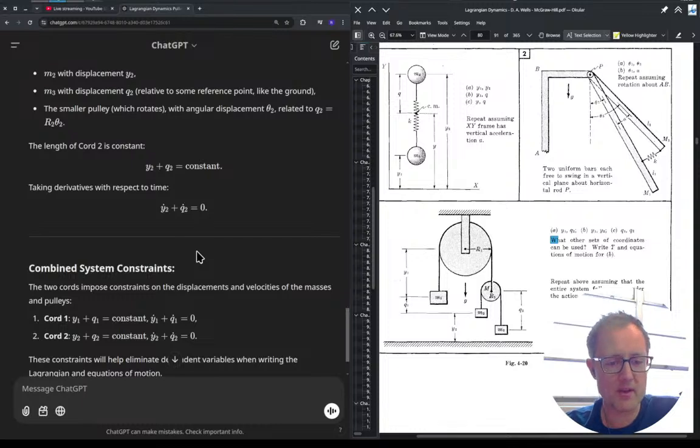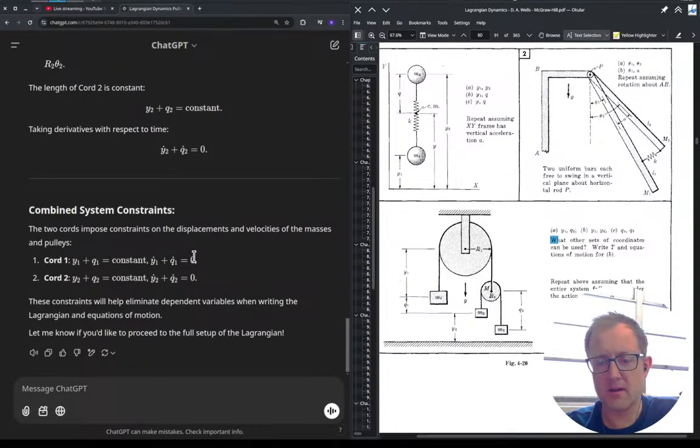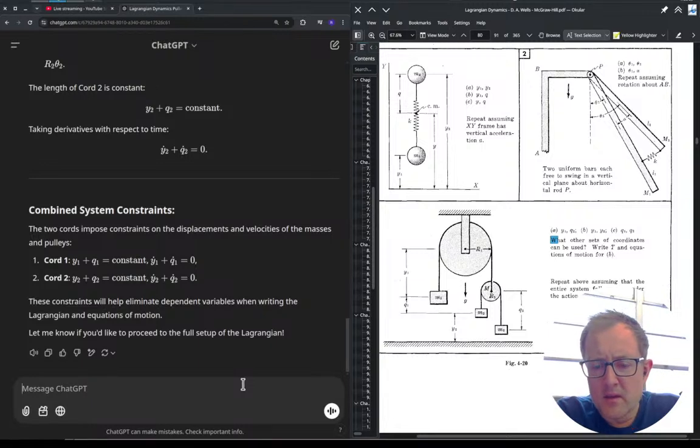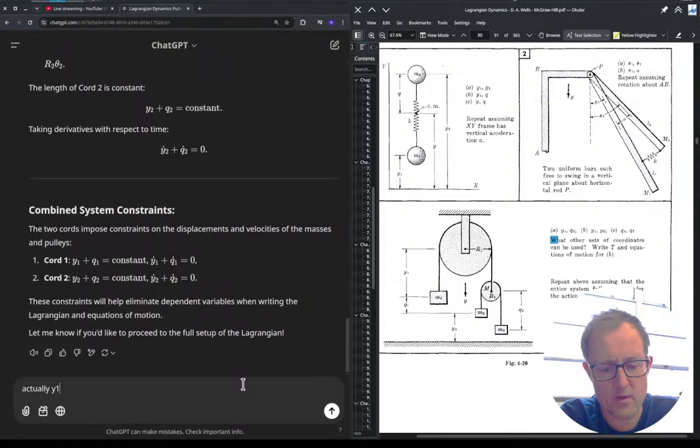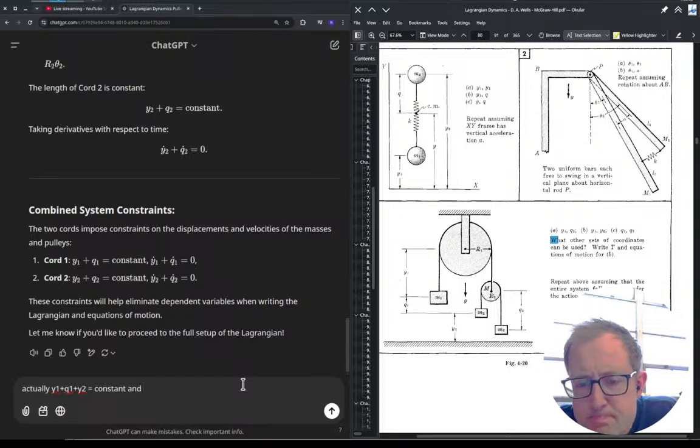So maybe if we keep giving it a little more information, we could tell it that actually y1 plus q1 plus y2 is constant. What else is constant? I don't know what else would be constant there.